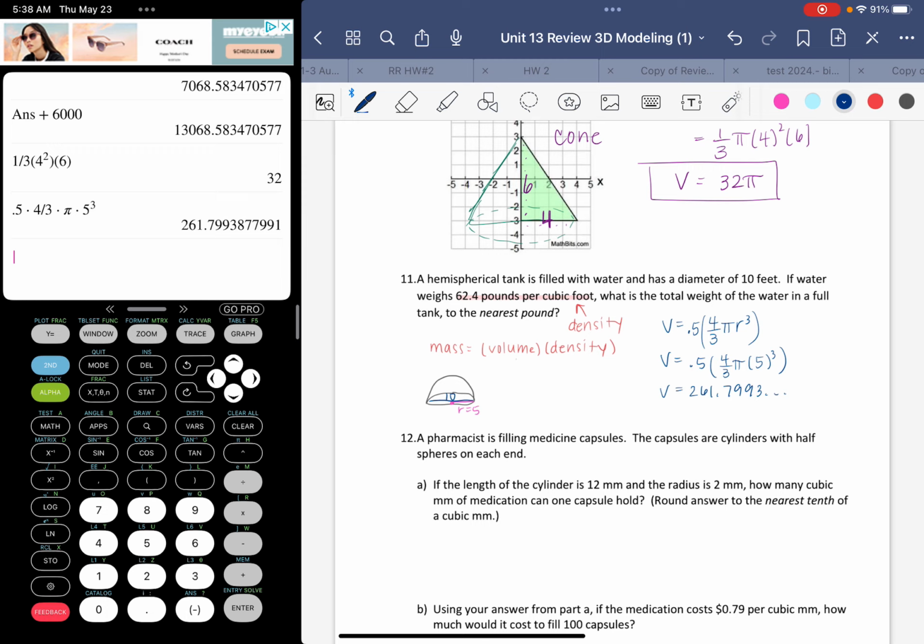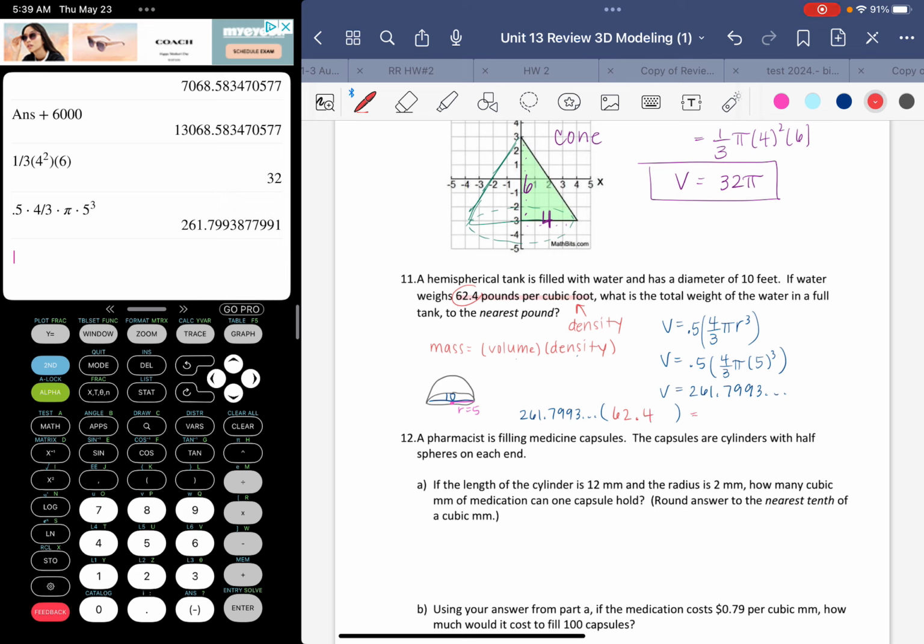So I want to take that volume and I want to multiply it by the density. I'm going to take that number, 261.7993..., times that density, which was 62.4 pounds per cubic foot.